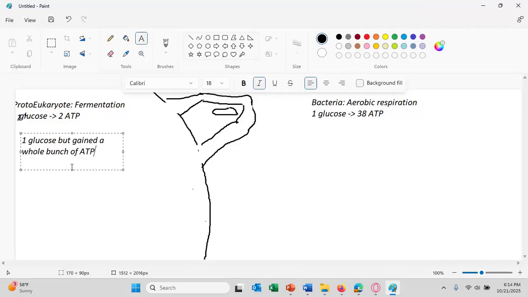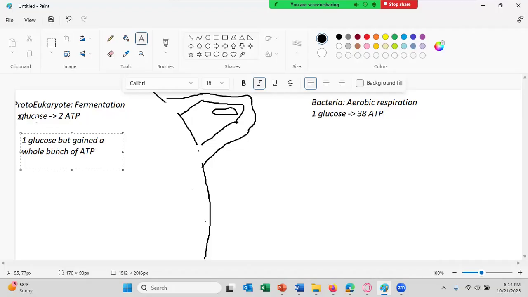A lot more than the prokaryote can make from 1 glucose. So the proto-eukaryote kept the bacteria around to make it ATP. And the two started living in symbiosis with each other. They've now lived in symbiosis for so long, we do not find this original bacteria outside the proto-eukaryote.